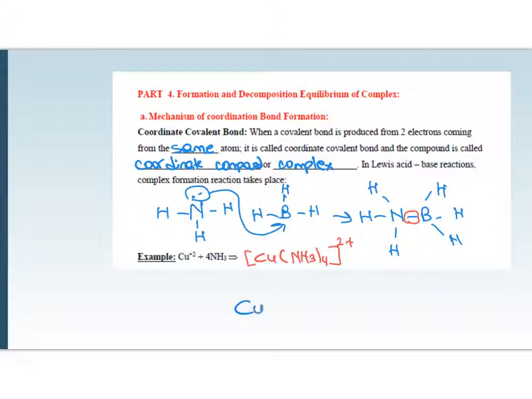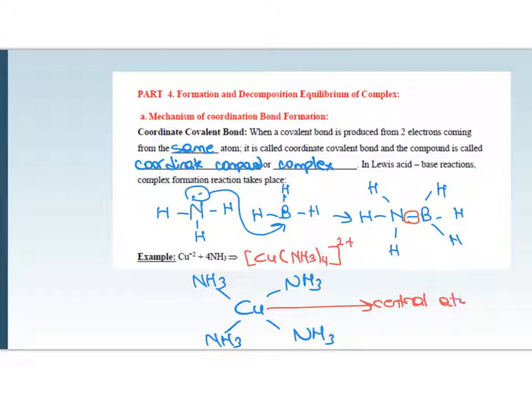You have copper as the central atom. Ammonia is the ligand. And all of these bonds are coordinate covalent bonds.